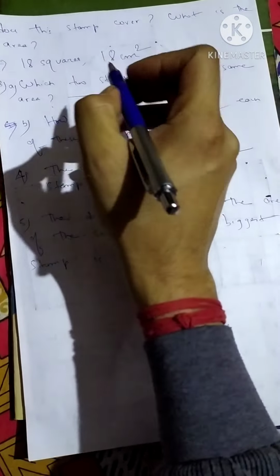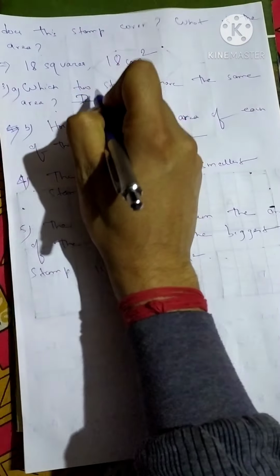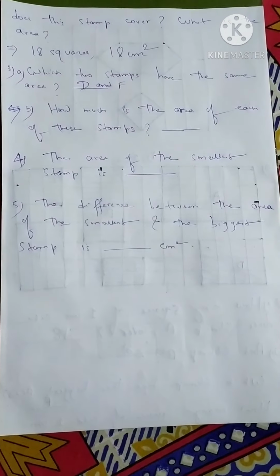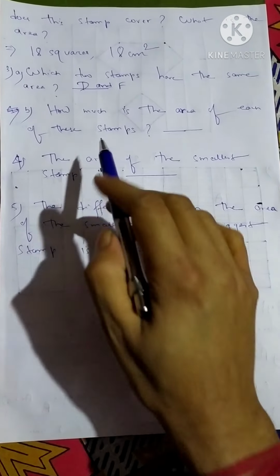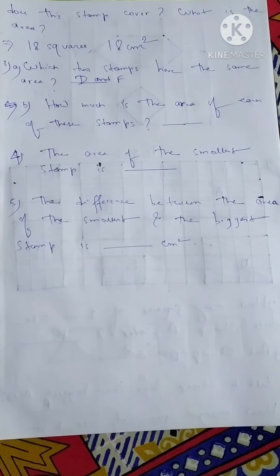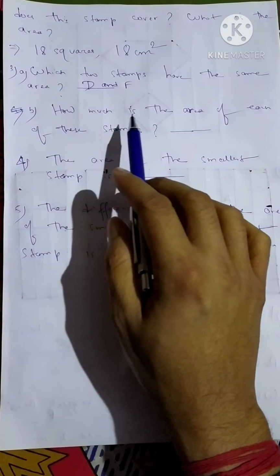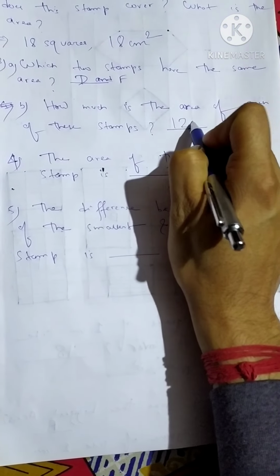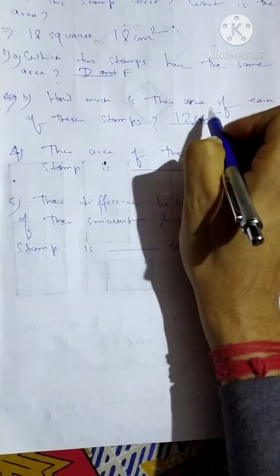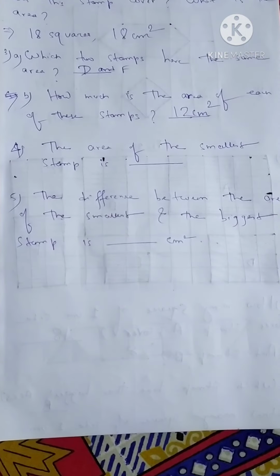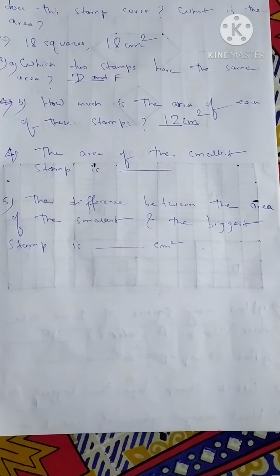It will be D and F, because both of them are covering 12 squares. And 3B question, how much is the area? As I told, 12, so the area will be 12 centimeters square. Stamp D is 12 centimeters square, stamp F is also 12 centimeters square. Okay.